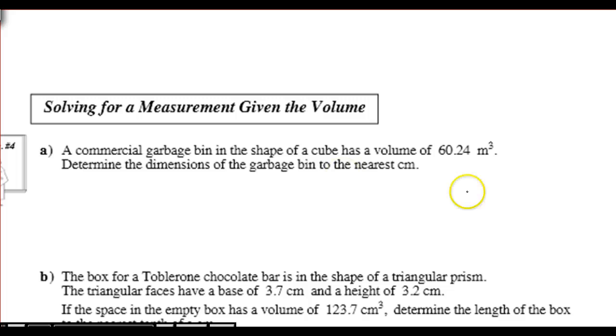The volume of a cube is side times side times side, so side cubed. Well, that's just going to be the cube root of 60.24 to get the side. So the cube root of 60.24 will give us the dimensions of the garbage can.